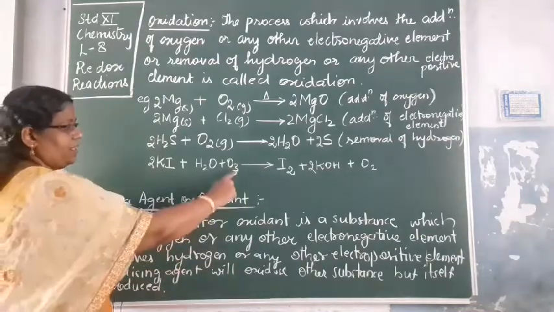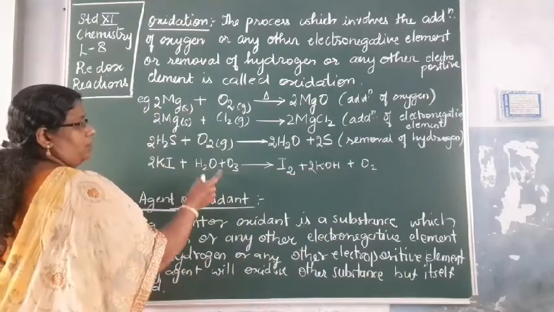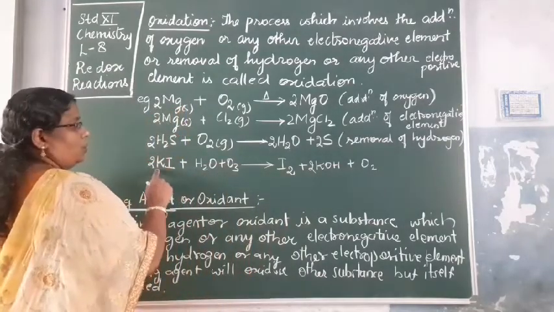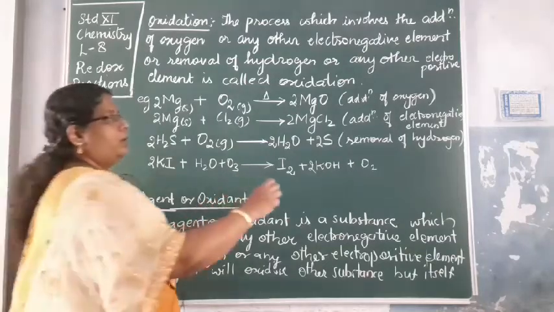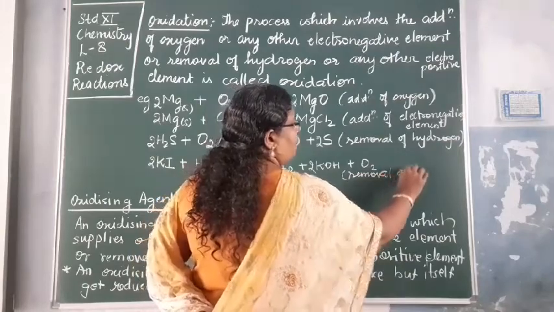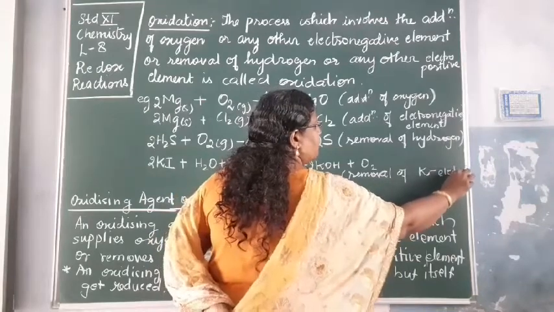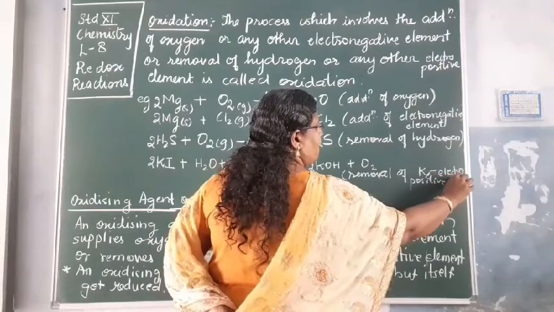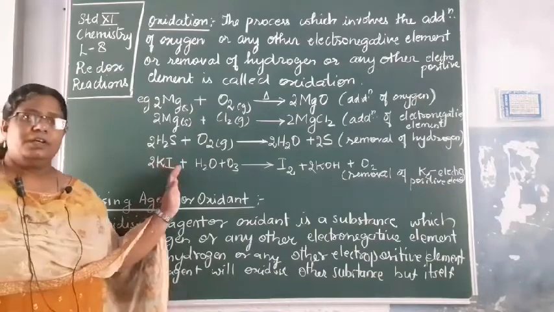So how many oxygen are there? 4 oxygens. यहाँ पे भी 4 ऑक्सीजन मिल गया हमें. ऑक्सीजन 4 है, हाइड्रोजन 2 यहाँ पे है, यहाँ पे भी 2 हाइड्रोजन है, 2 K है, 2 K, I also 2. So it is balanced. Now it is removal of K, which is potassium, an electropositive element. Clear or not?